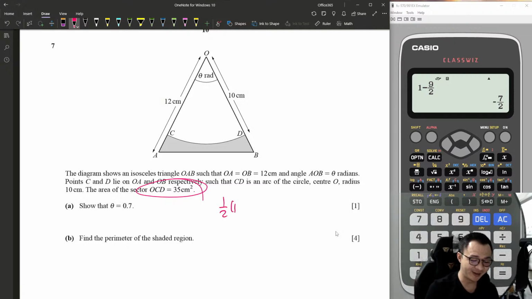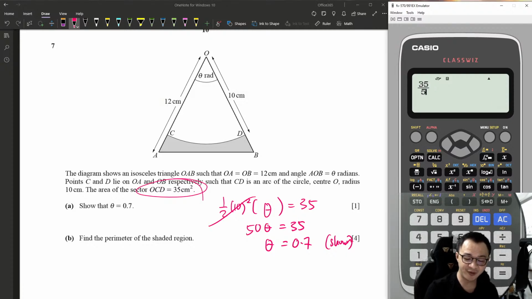My r is 10. Theta is 0.7. Then it equals 35. Okay, this is 50. Oh, we need to find theta, sorry. So this is 50 theta equals 35. Theta is 0.7. Shown. Yeah, you can use 35 divided by 50. You should get 0.7.